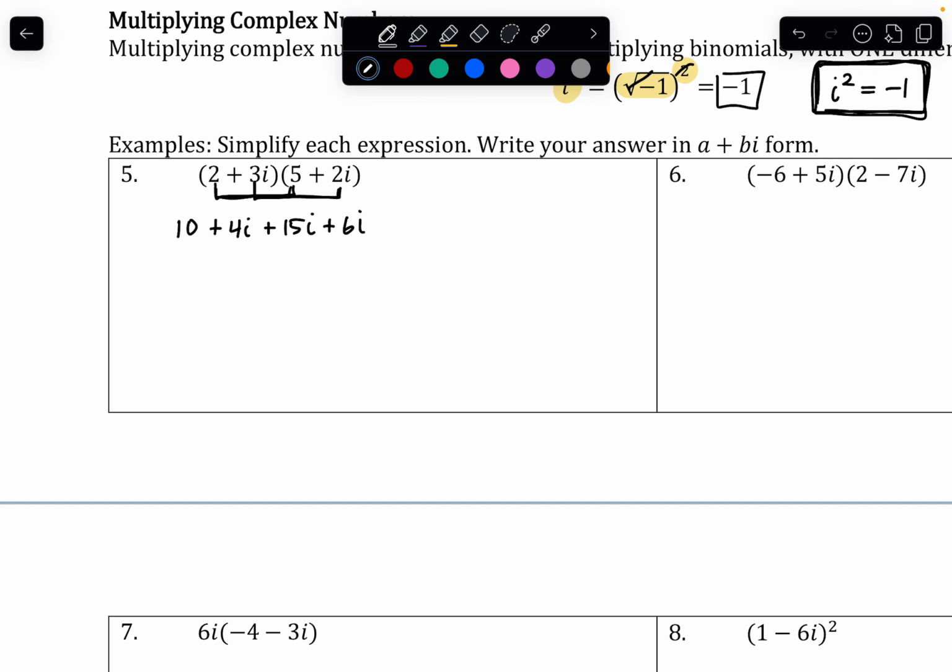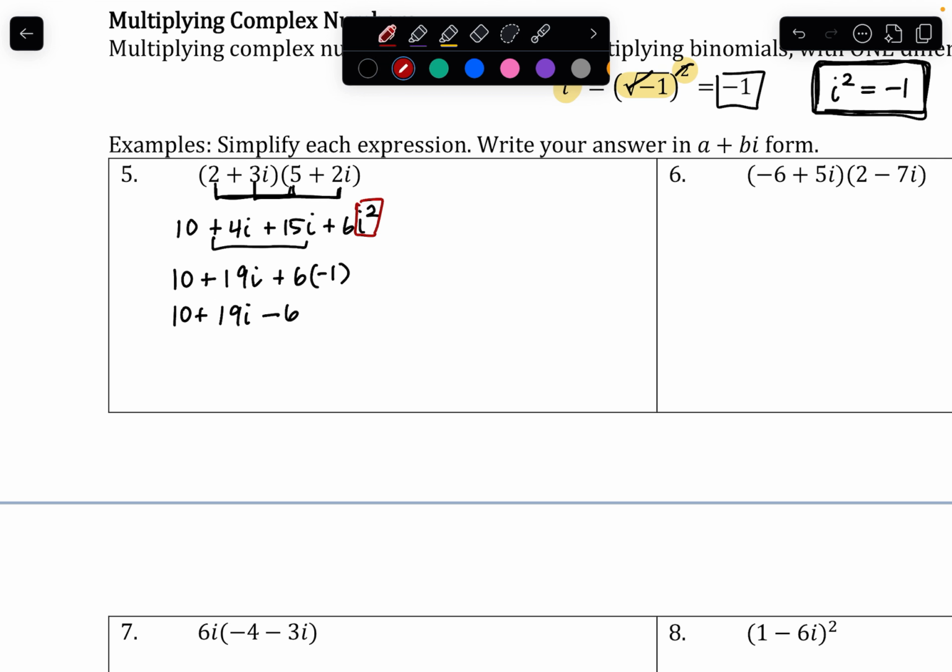And then i times i is i squared. Okay, and so we know i squared is equal to -1, and we also know that we can combine our i's here. So 10 plus 19i plus 6, and then replacing that i squared with -1. So that gives me 10 plus 19i minus 6.